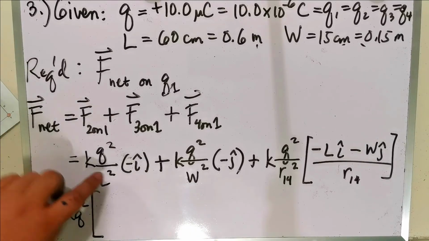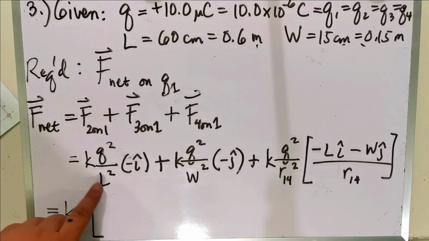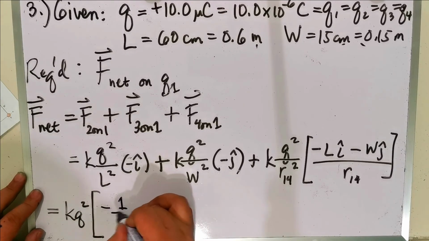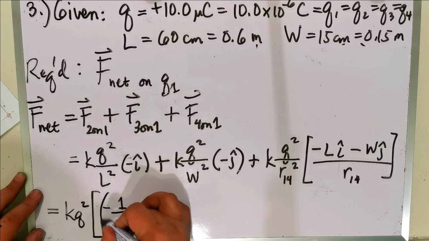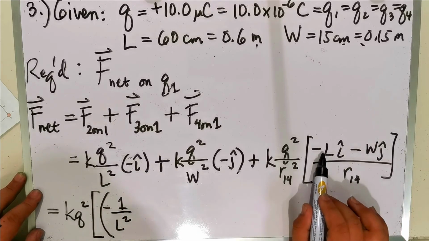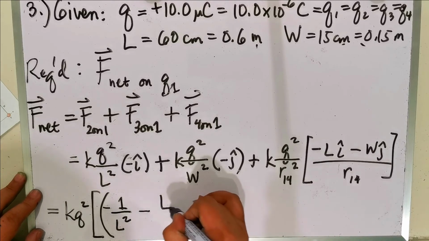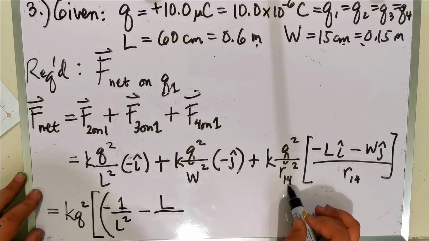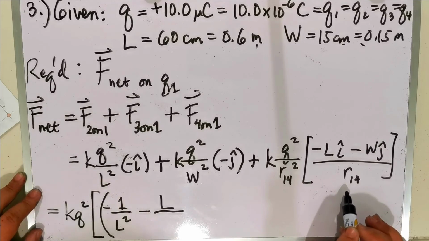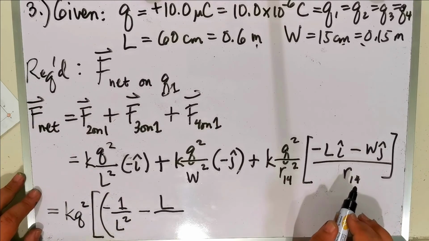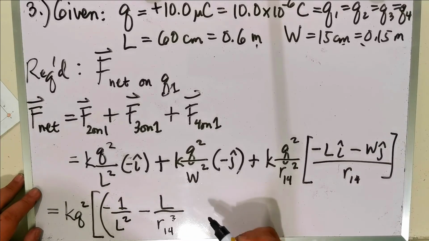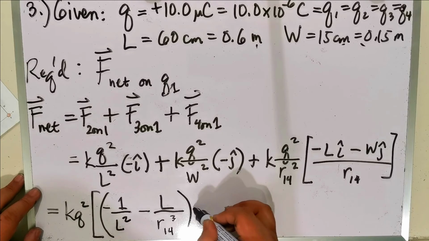For the first term, you have negative 1 over L squared. And the other term with I hat is negative L over R14 squared times R14, so that would be R14 cubed, times I hat.